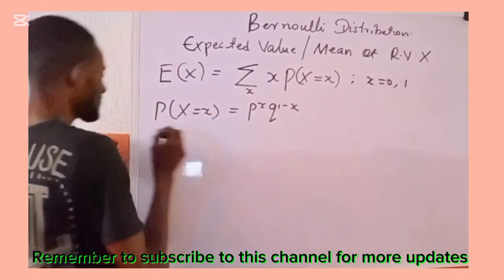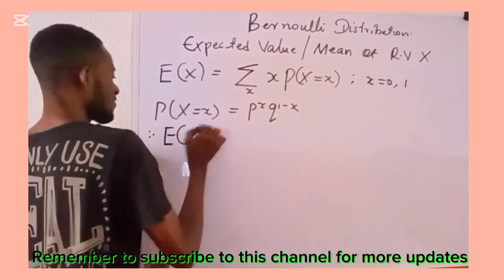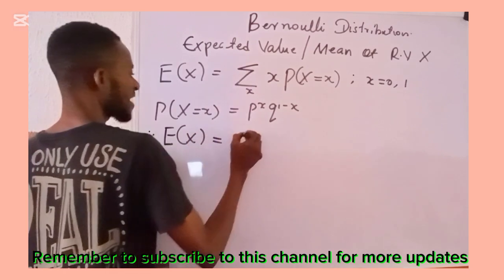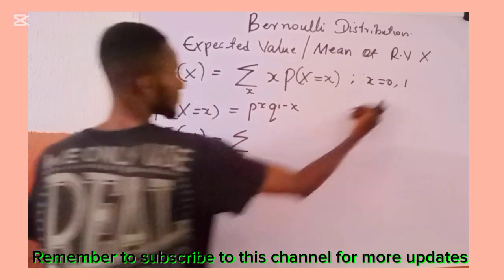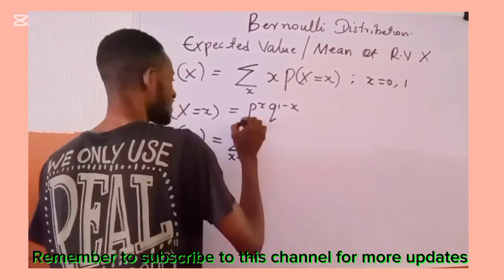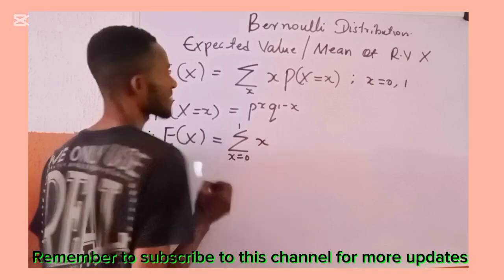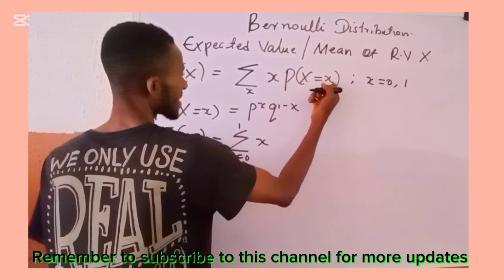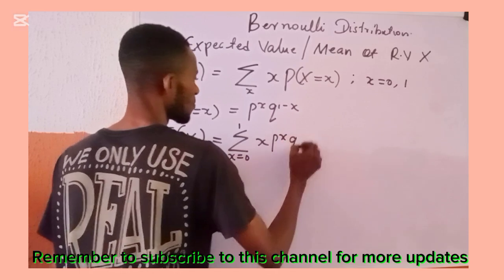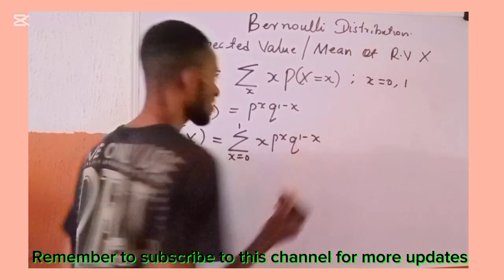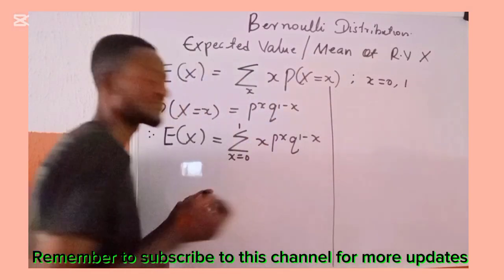So I will now say, therefore, this my E of X is given as the summation, where x begins from 0 and ends at 1. This x is here already, so I have x times P of capital X equals x, which is already given: p to the x, q to the 1 minus x. What am I expected to do here?